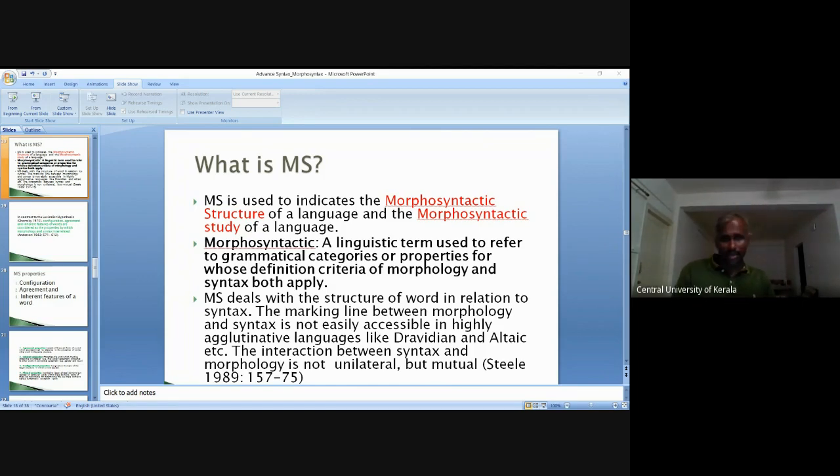So for this, there are some works which I would like to tell you. First, the major works you have to go through are Anderson's works. Anderson kept on writing, especially the 1992 article which appeared in Linguistic Inquiry, where morphology is very important, especially the mirror principle, and Thomas Payne's Describing Morphosyntax: A Guide for Field Linguists.